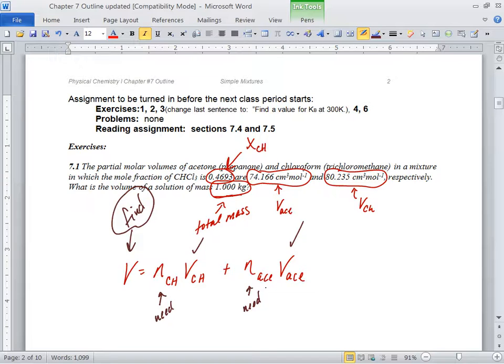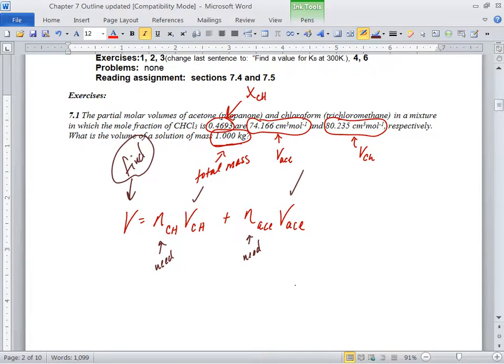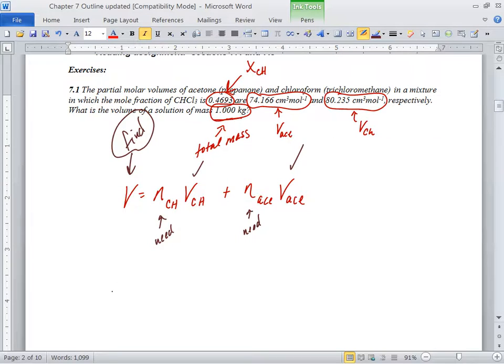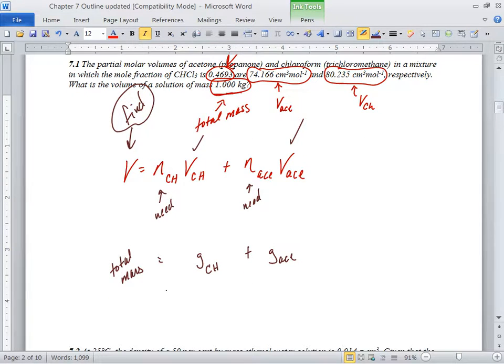Because you can just take the grams times the molecular weight to get the moles. But you know the grams of each. Oh, just total. Right? Yeah, it's just total. But that total mass would be grams of chloroform and grams of acetone, which is equal to the number of moles of chloroform times the molecular weight.